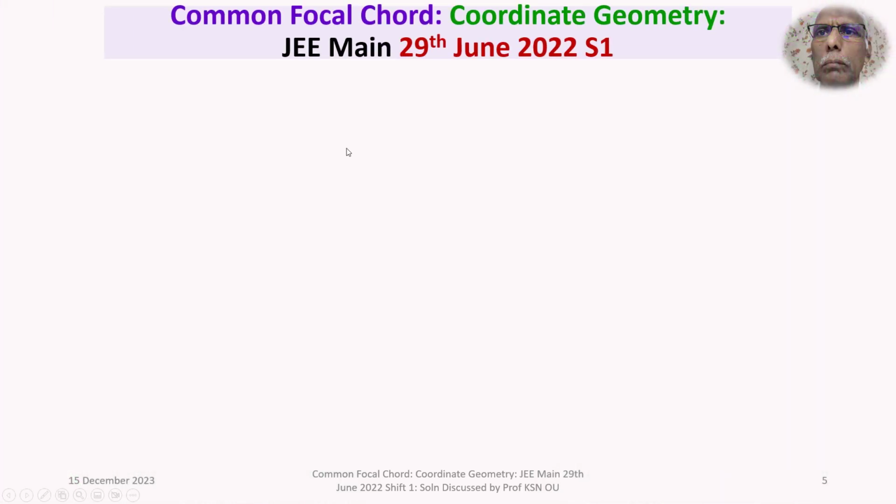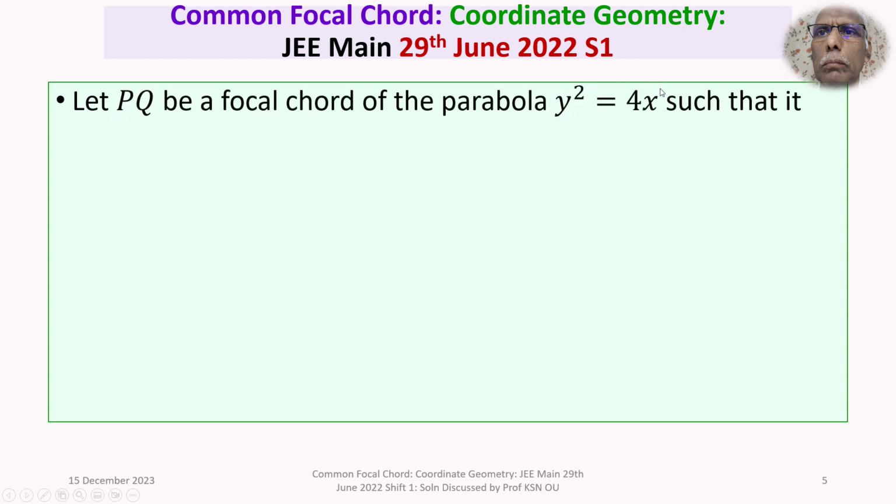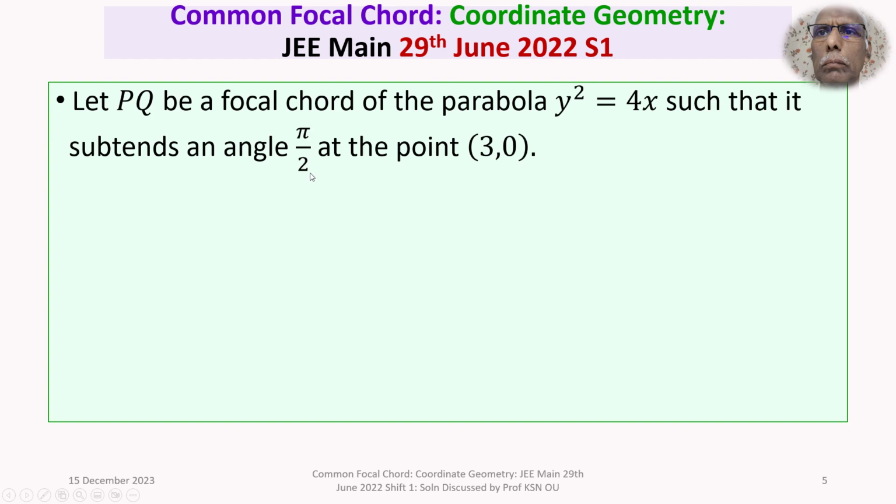The given problem is: let PQ be a focal chord of the parabola y square is equal to 4x such that it subtends an angle pi by 2 at the point (3, 0).